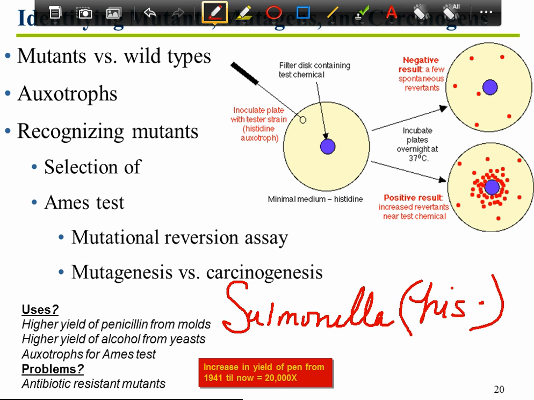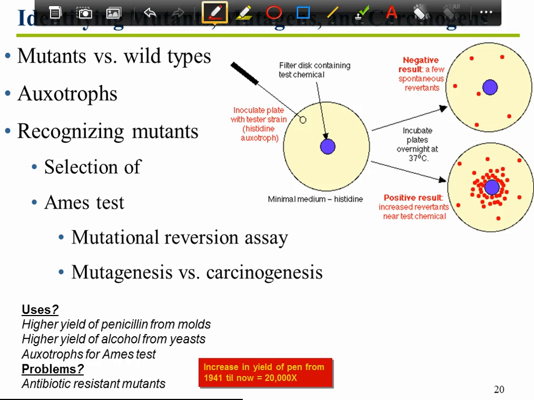This is a reverse mutation, and this particular mutant, its his negative mutation can easily be reversed. In fact, the way we made the Salmonella was a mutation to begin with, but I'm not going to get into all that.